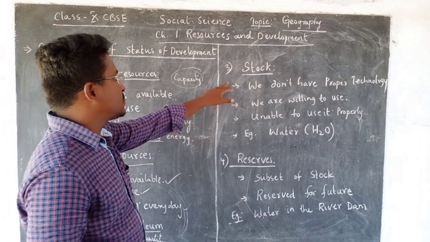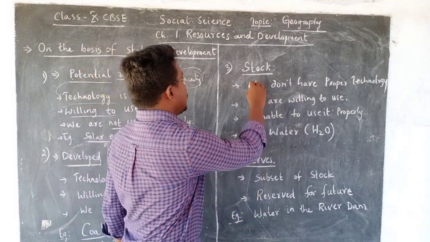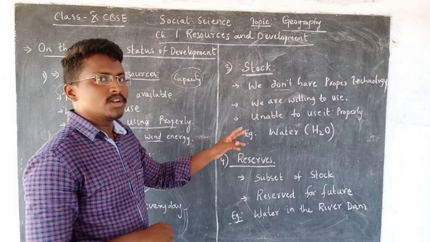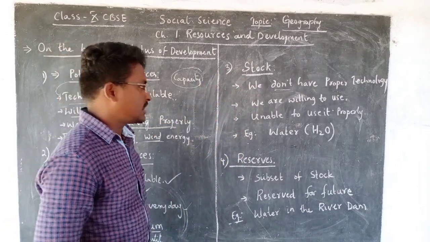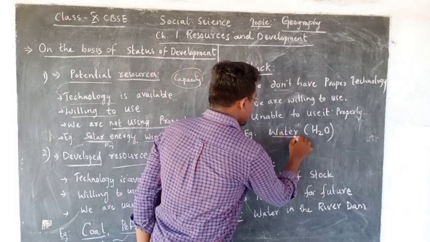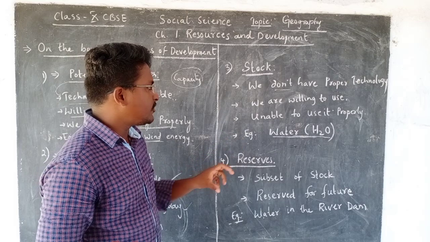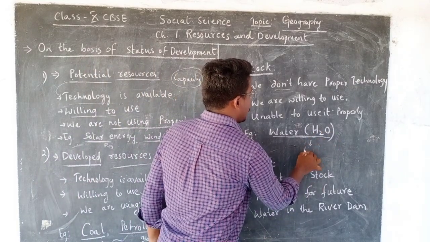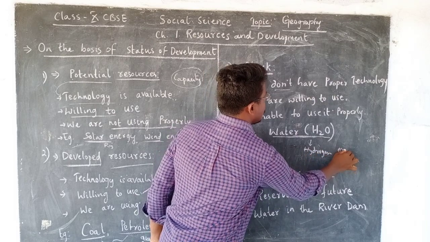Then coming to stock, what do we mean by stock? Here we don't have proper technology. By giving an example, you can understand very clearly. For example, take water. The chemical formula of water is H2O. That means two atoms of hydrogen and one atom of oxygen.